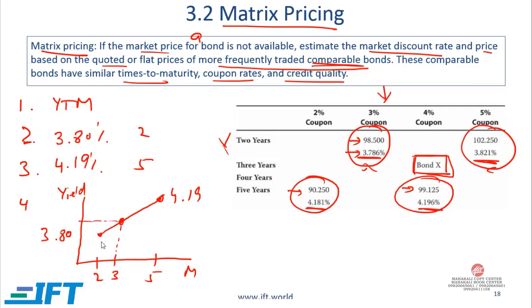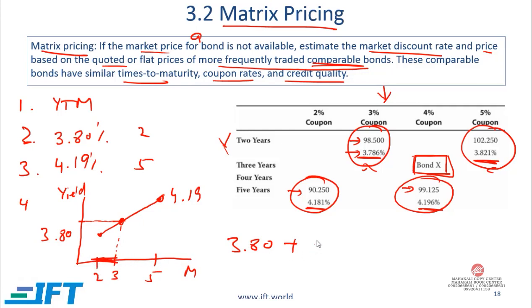The curriculum gives a formula which is simple to understand once you have this picture in front of you. This yield for the 3-year bond is simply equal to 3.80 plus, and then notice this distance is 1/3 of the total distance between 2 and 5.